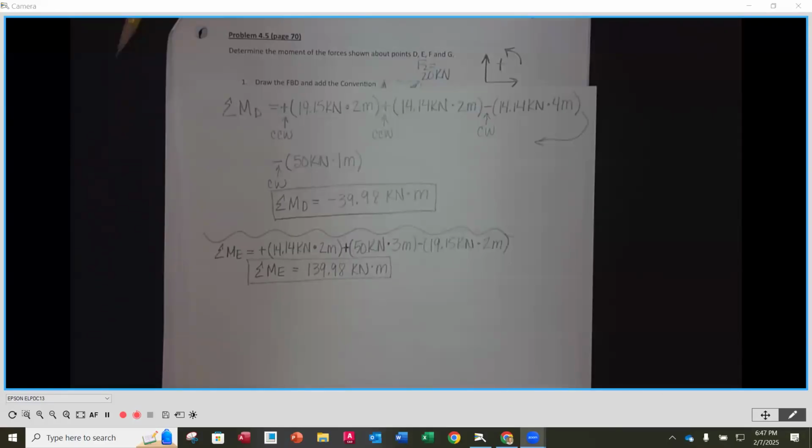Remember, not kilonewtons per meter, because we're not taking force divided by distance. We're taking force times distance. So our units are going to multiply.